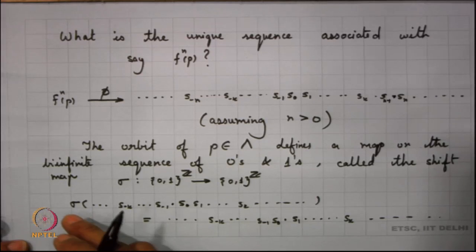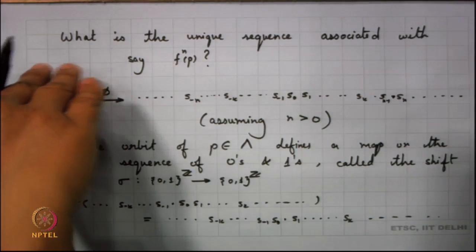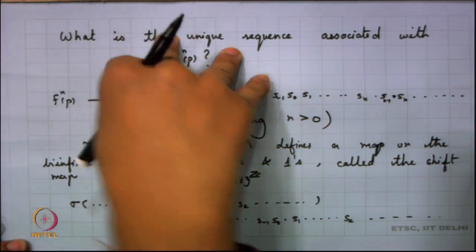Now, this sigma is an invertible map, and so my sigma inverse would take the decimal point one point to the left.